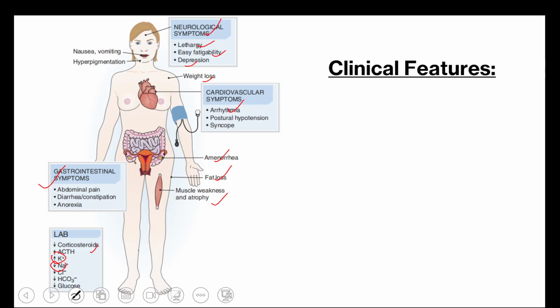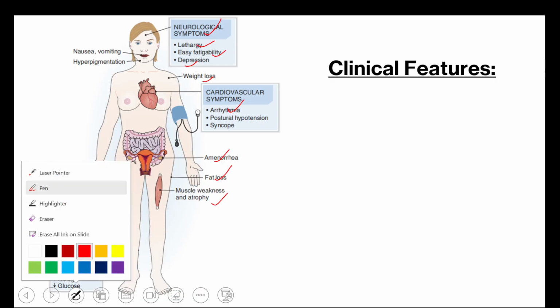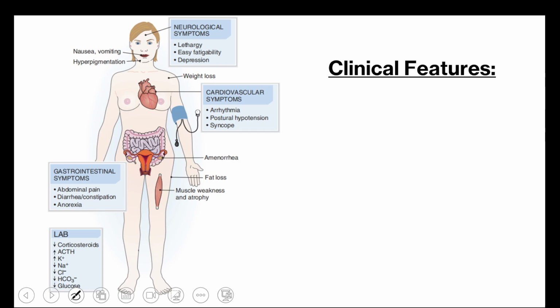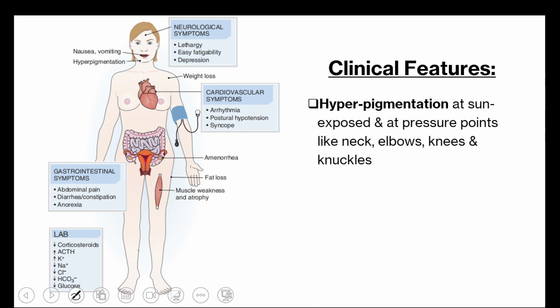So if these glucocorticoid levels are deficient, then that results in impaired gluconeogenesis, and that manifests as hypoglycemia.